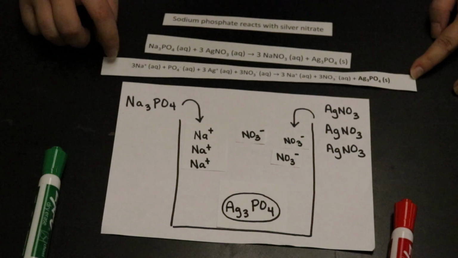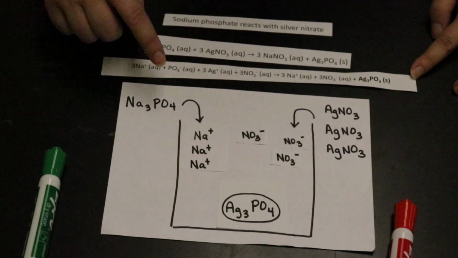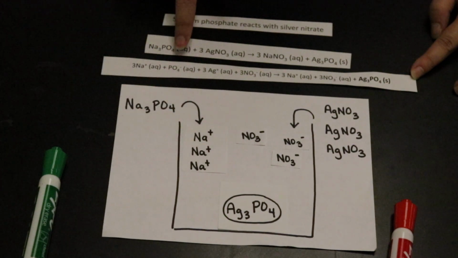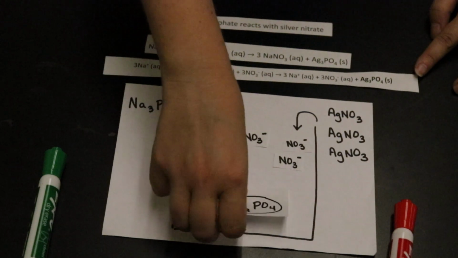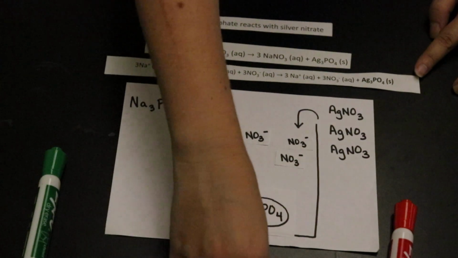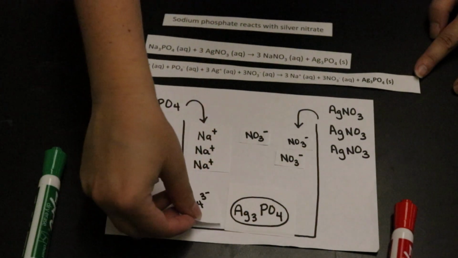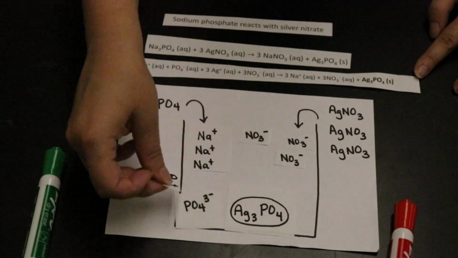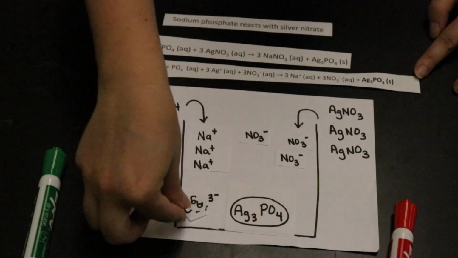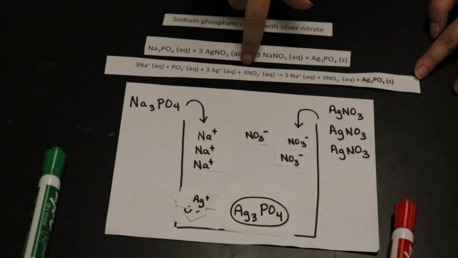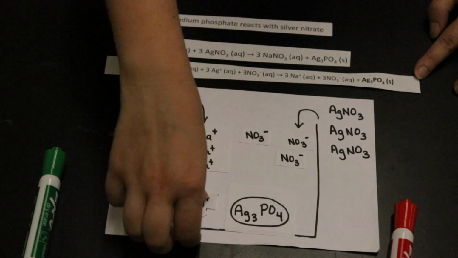You'll notice that in our beaker we had 3 Na pluses, our PO4 3 minus, our 3 Ag pluses, and our 3 NO3 minuses.